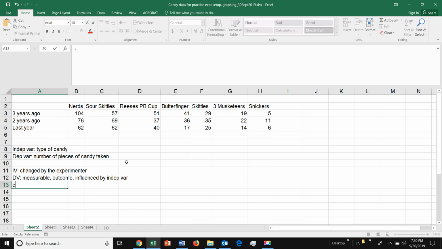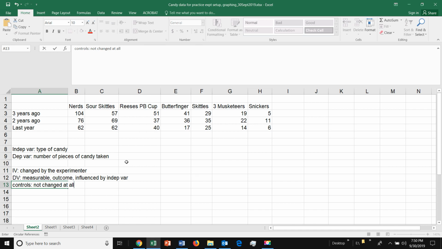Okay, so control variables, of course, are the things that are not changed at all. And so they might be wonky, but they are held constant. So let's say that James loves beetles. I don't know. Let's say that James loves beetles. And so James gives away his candy in this gigantic beetle dish.